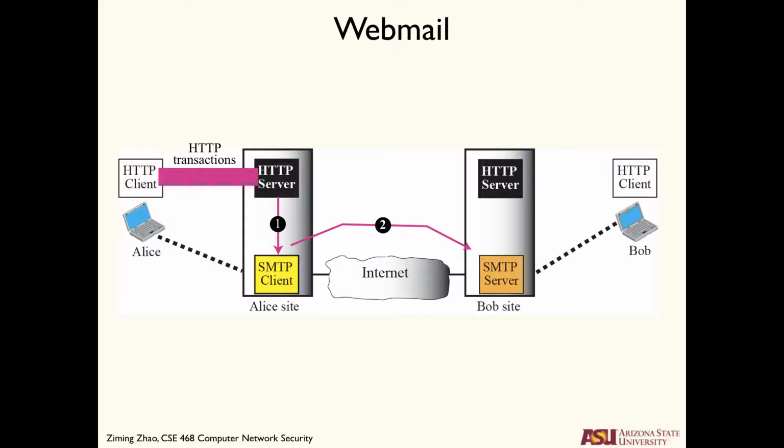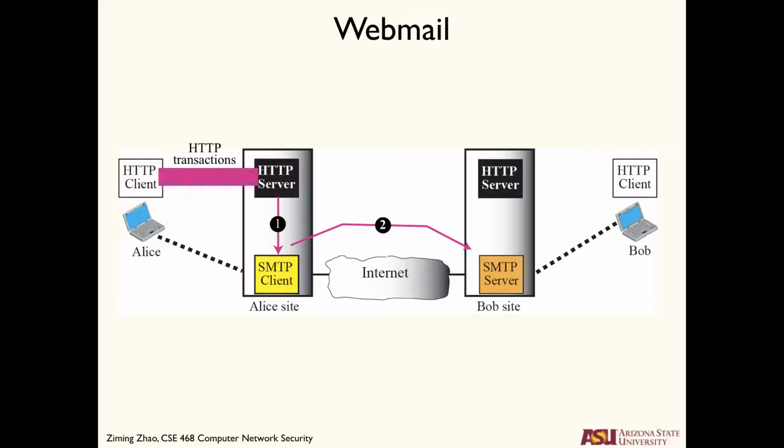But in this case, when Alice sends out a mail, sends anything to the server, she's not using SMTP, but just HTTP. So this can be easily secured because we can use HTTPS to secure this transaction.